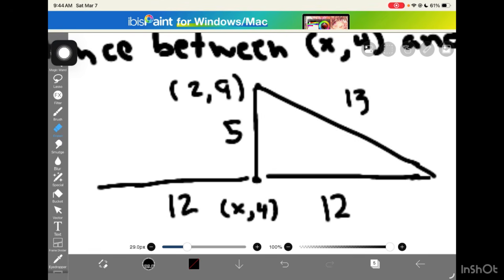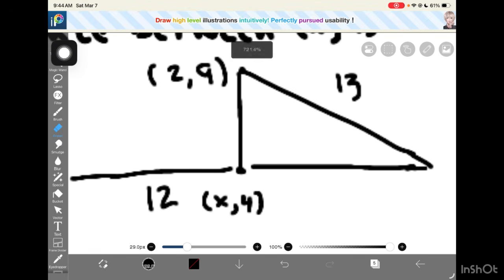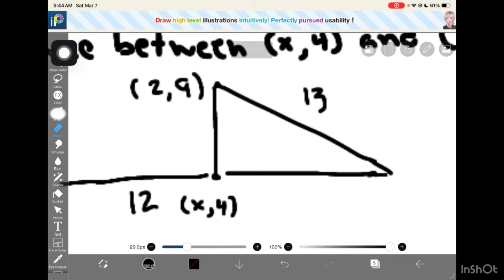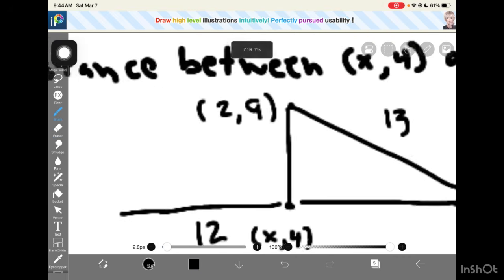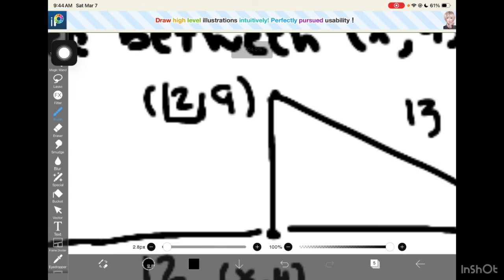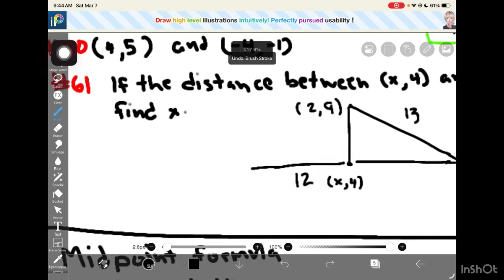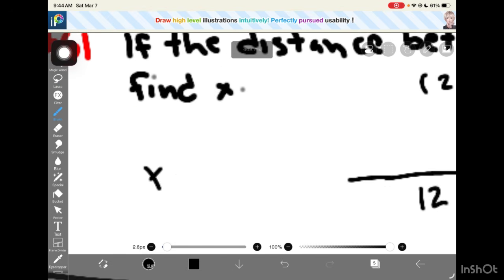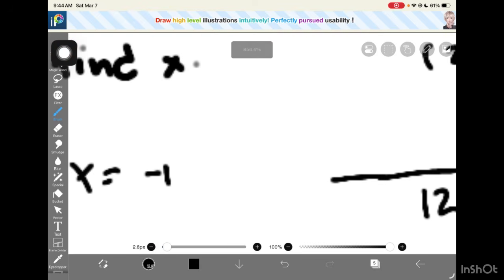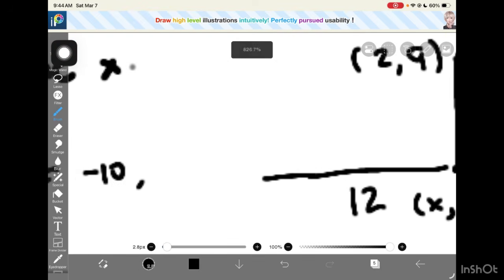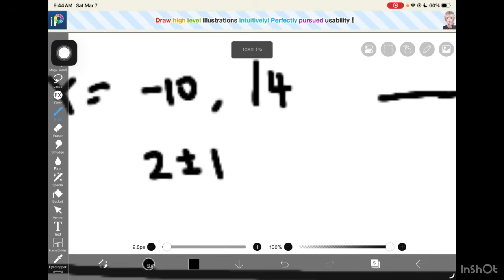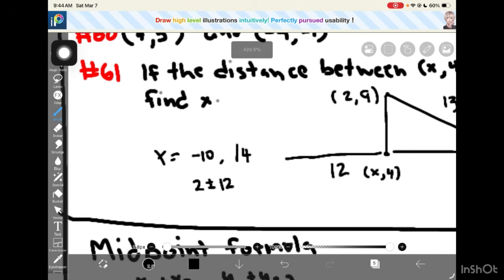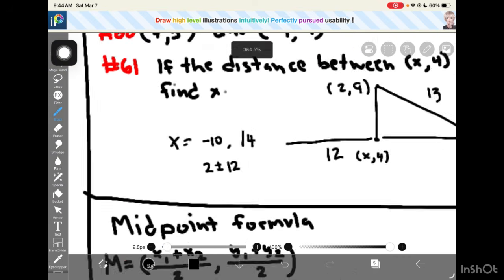I illustrated it wrong. From this point we need to change x by 12 or negative 12. So the actual solution is x equals negative 10 or 14. So it's basically 2 plus or minus 12.